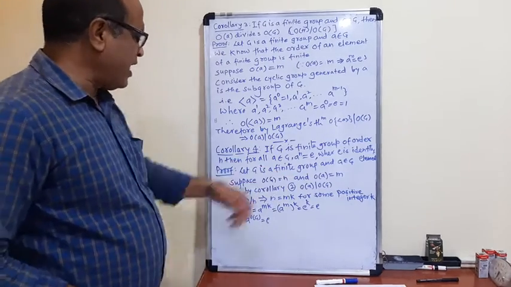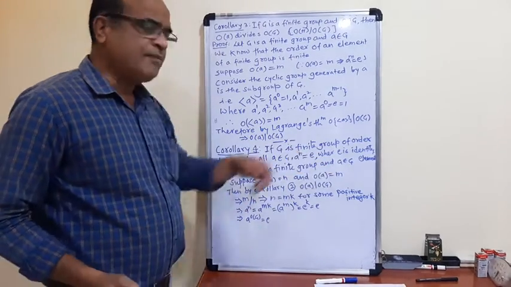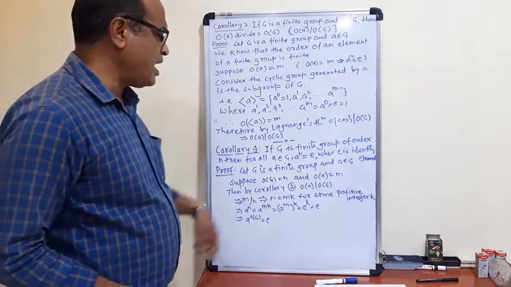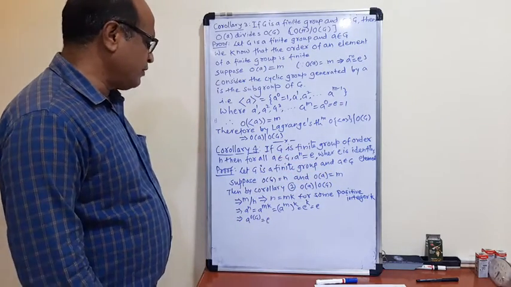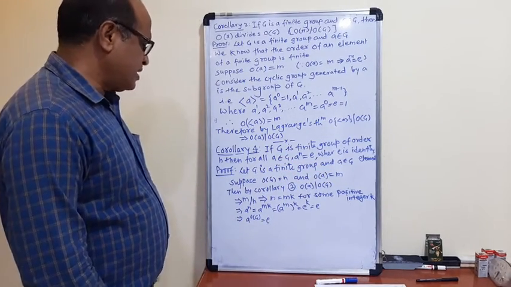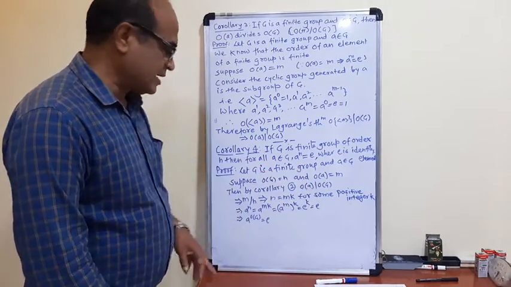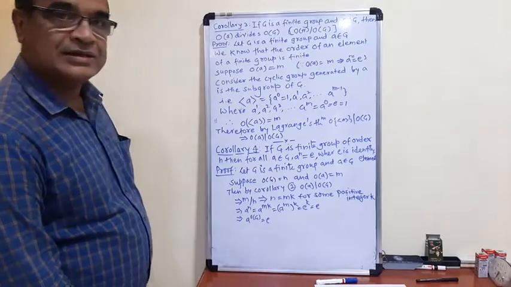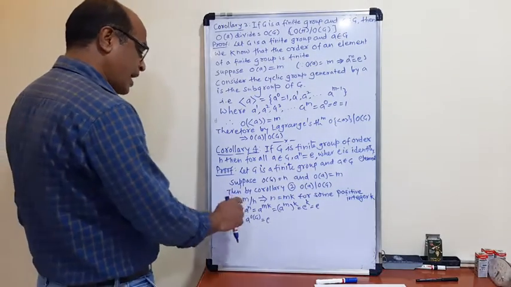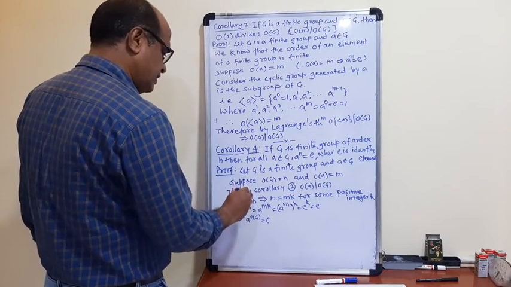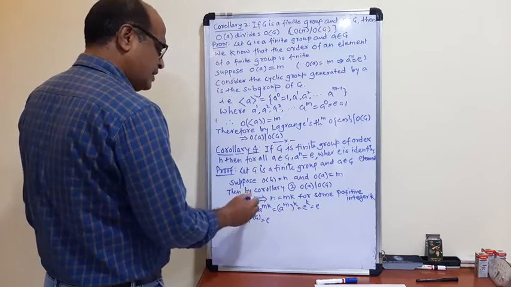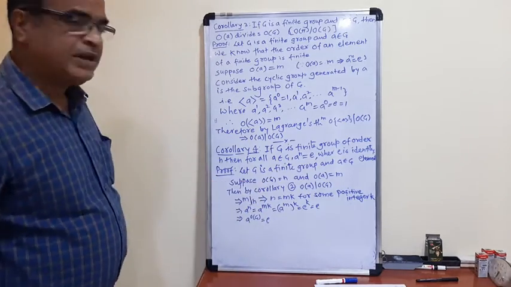So what is the order of a? The order of a is m. Then m divides n. So if m divides n, this implies that n is equal to mk.